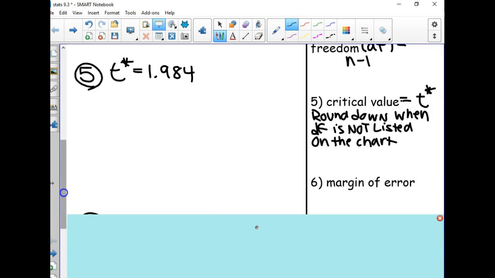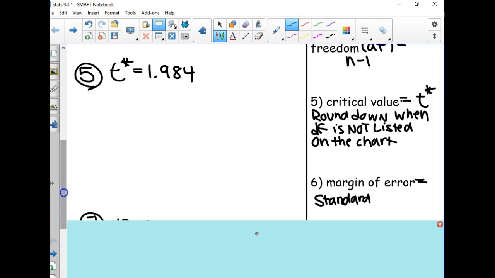And our margin of error has a formula, and that's equal to our standard error times your critical value.